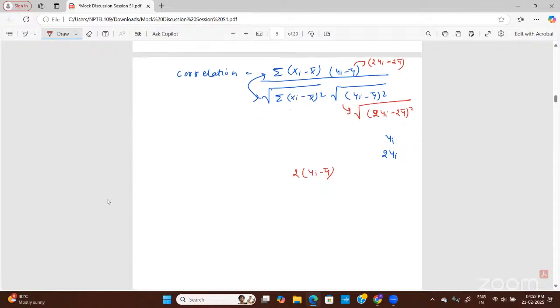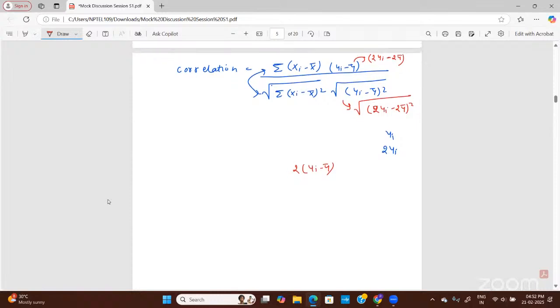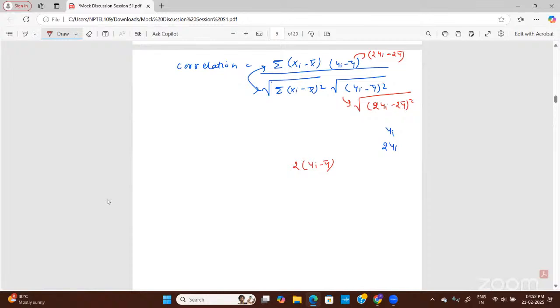Ma'am, is there a square also in the numerator for the variance, covariance? No, in covariance you don't have to take a square. In the denominator, you take 2 common, it gets squared, so it will be the square root of 4, right? The square root of 4 is 2, so then 2 and 2 will be cancelled out.